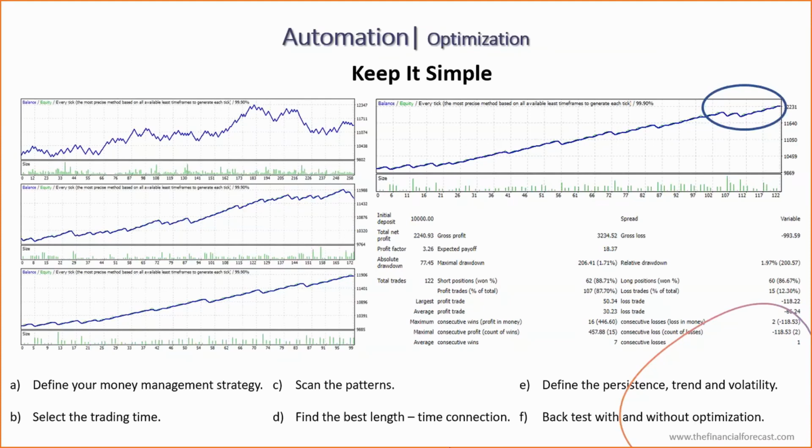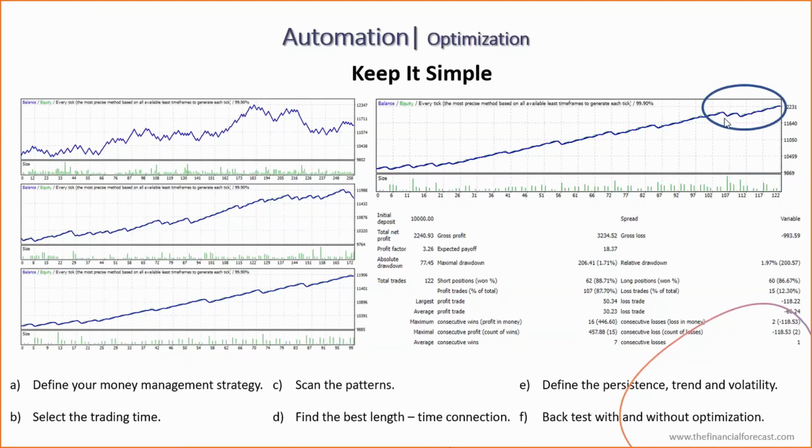And a very important piece, the last one, most people forget about this. We need to try our strategy in a period of time where we didn't try it before, where we didn't work with the optimization process. And this is what we see in the last graphic.